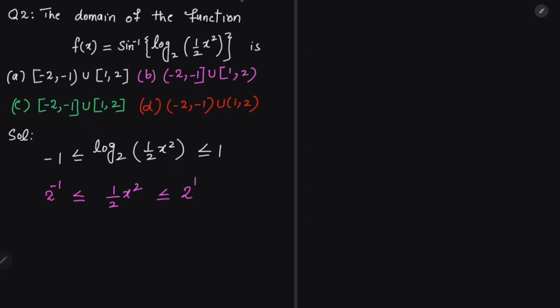That's how we remove the log base 2. Now the question is to find the value of x over here, and from here we can get x square greater than or equal to 1 and less than or equal to 4. So that's the value for x square.